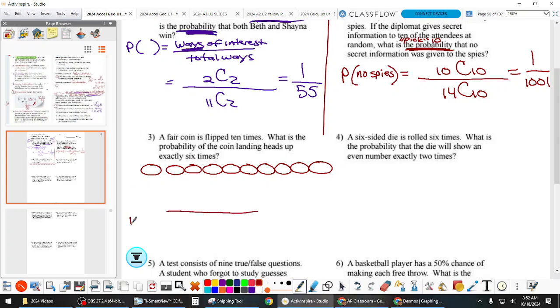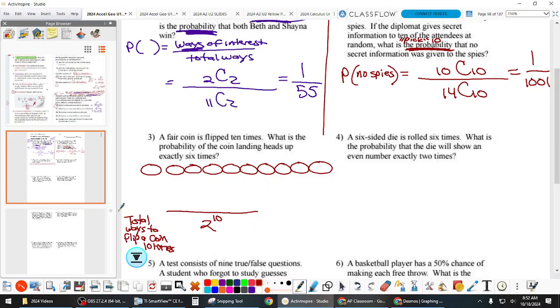So in this case, total ways to flip a coin 10 times. This is not a C or a P. It's just how many ways can I flip one coin? 2. And I'm doing that 10 times. So it's just 2 to the 10th.